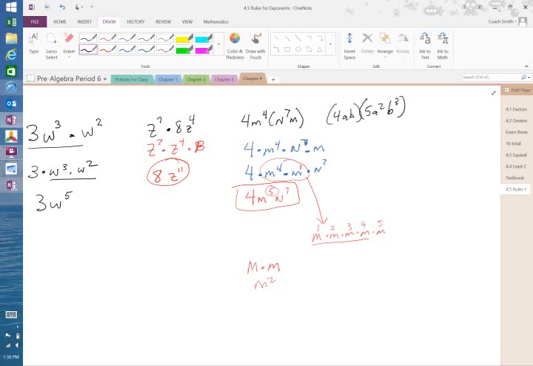So the last one is 4 times a times b times 5 times a squared times b to the 3rd. I can rearrange it and go 4 times 5 times a to the 2nd times b to the 3rd.